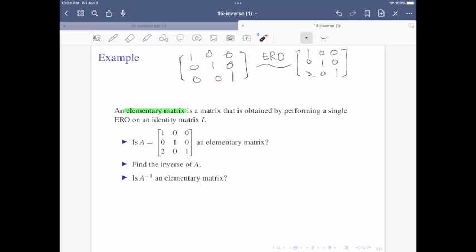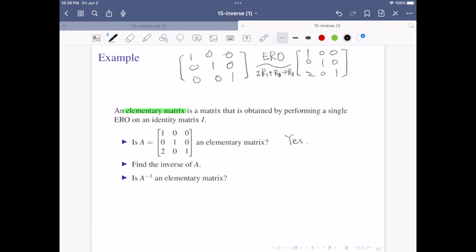And in the last row, the only thing changed is 2. And this 2 can be obtained by multiplying the first row by 2 and adding it to the third row. So this is twice R1 plus R3, replacing R3. So the answer is yes, it is an elementary matrix.